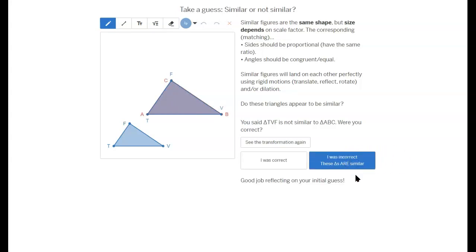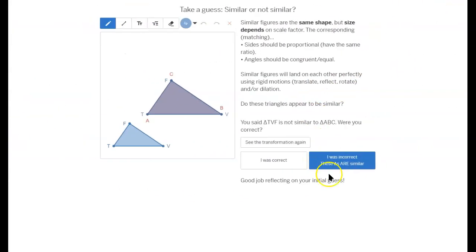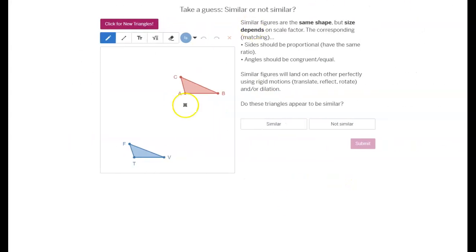I was not correct. They are actually similar. So now you get to try it again, or you can go back here and try it again.